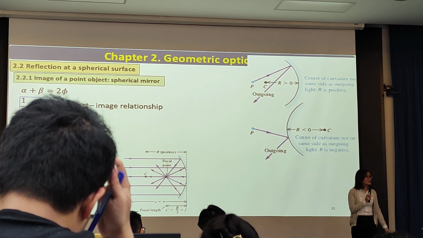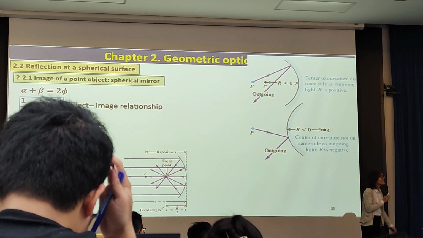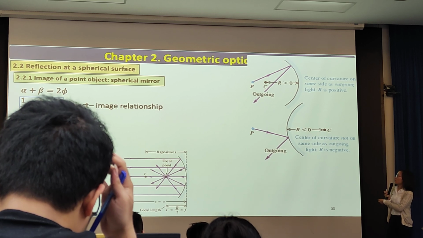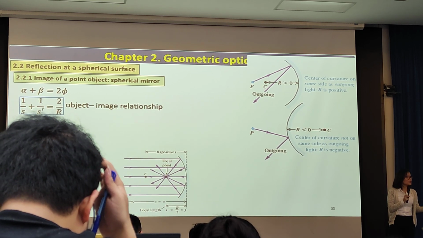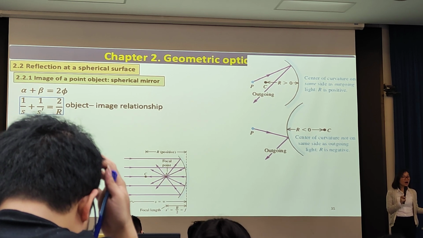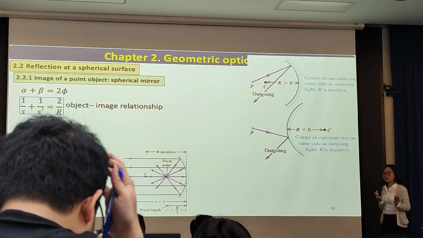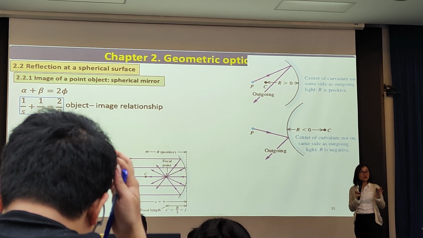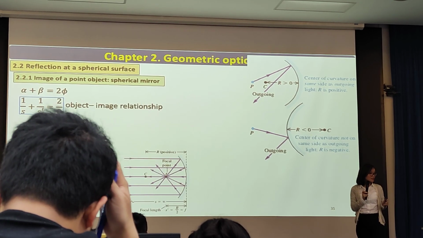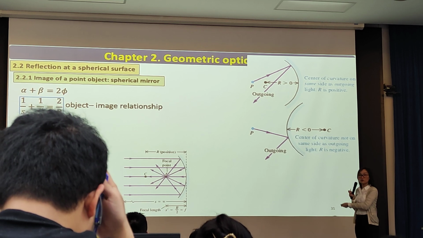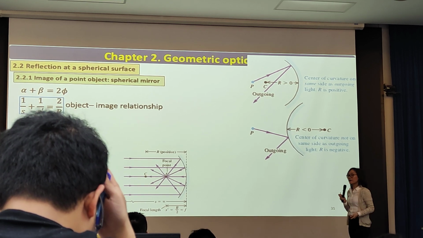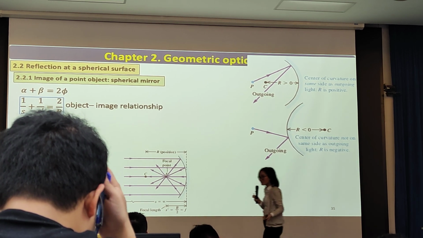And last Saturday, we studied the case of the plane surface. What is the value of R for the plane surface? For the case of plane mirrors, the radius is infinity. R goes to infinity, so 2 over R equals 0. That's why you have s prime equals minus s.